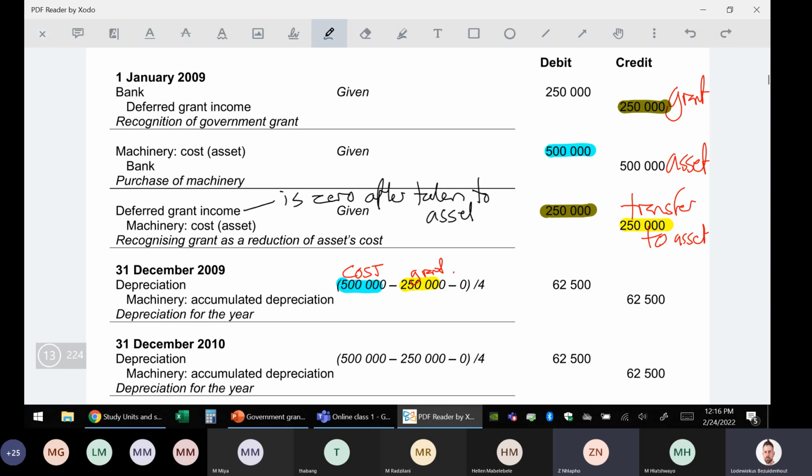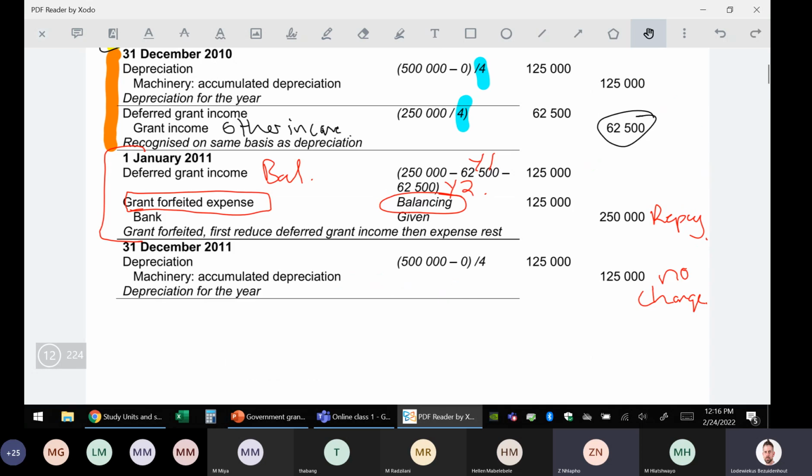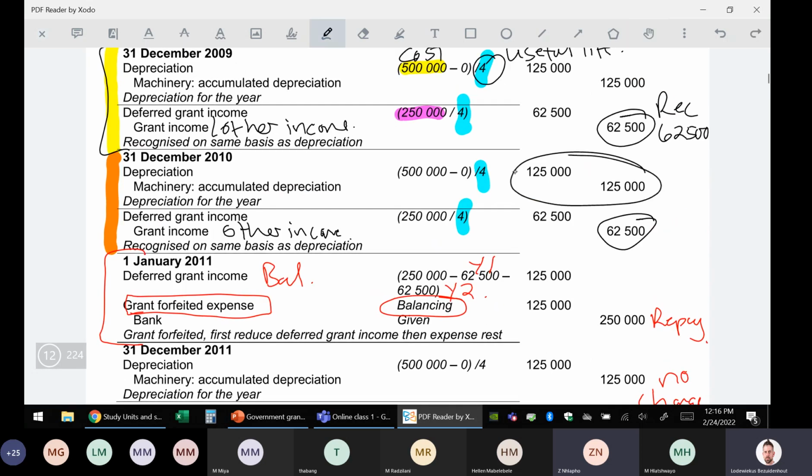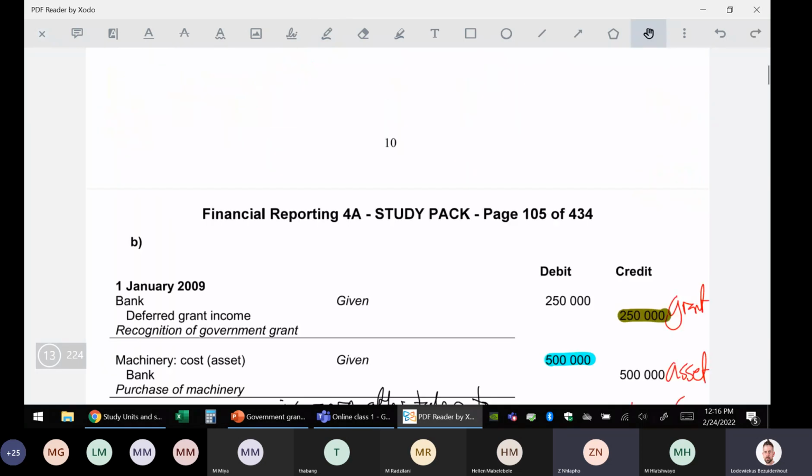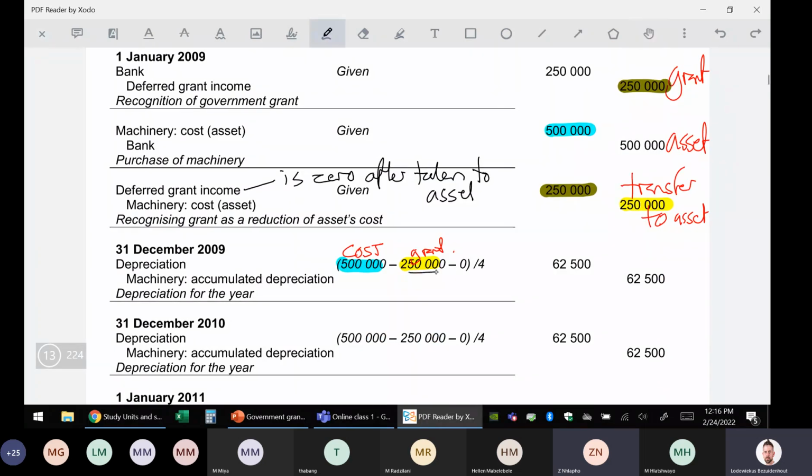All right, reduce the cost of the asset, so depreciation will be less. What was the previous depreciation in the previous example? Depreciation was 125 each year. Now depreciation will be less because we reduce the cost of the asset with that grant. So previously we had 125. Now we have 62,500.